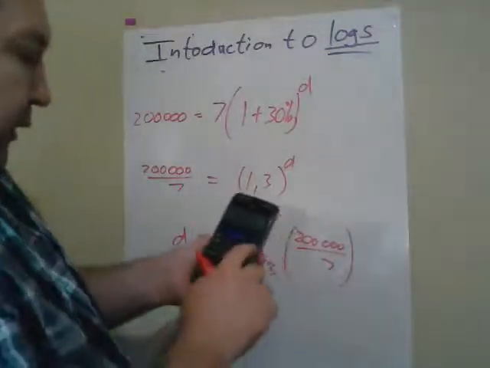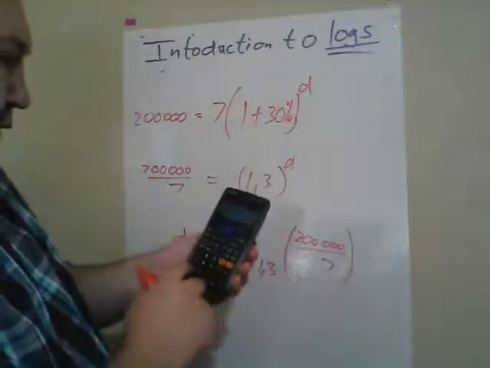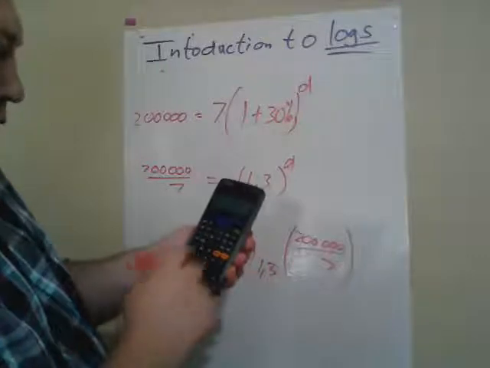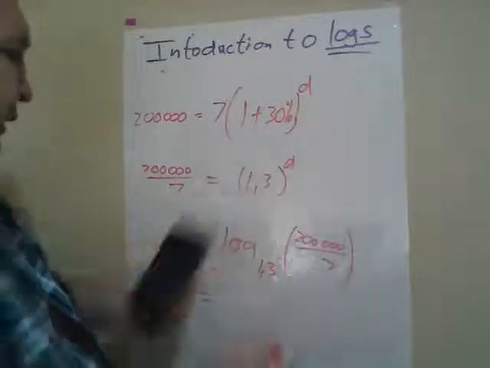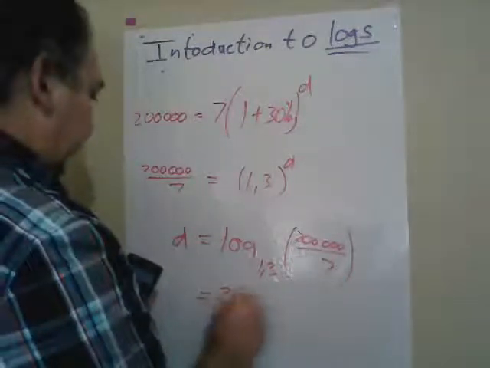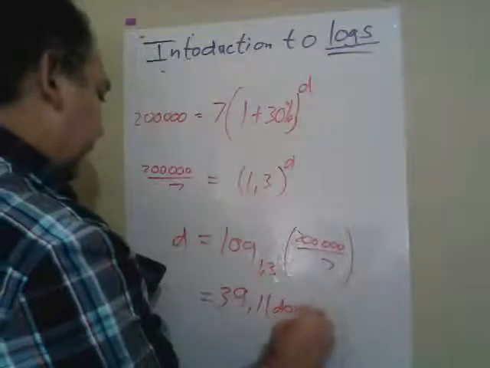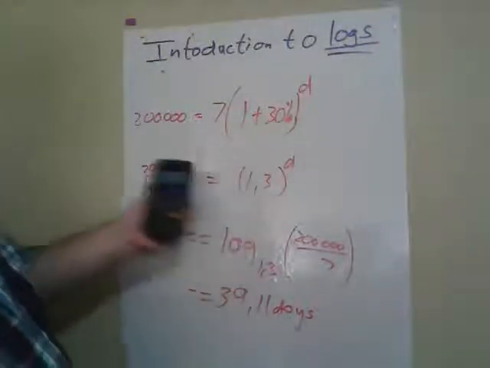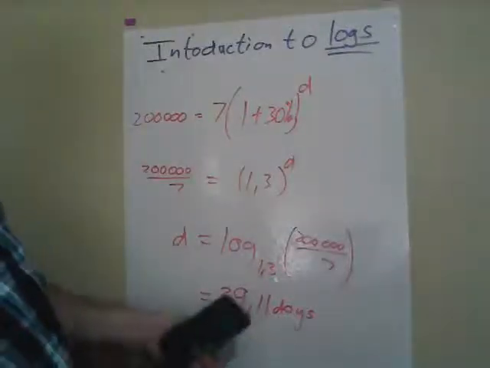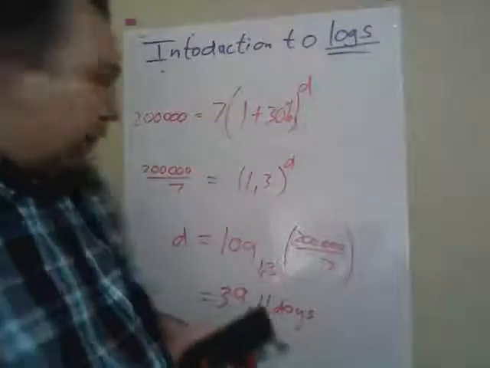So we're going to say log base 1.3 of 200,000 over 7, which gives us 39.11 days. So from 7 infected people to 200,000 in just over 5.5 or so weeks.